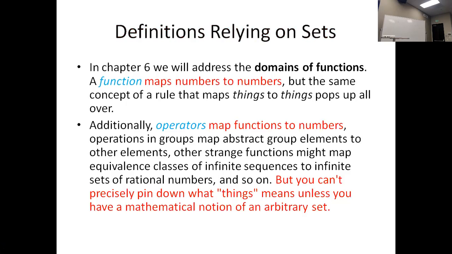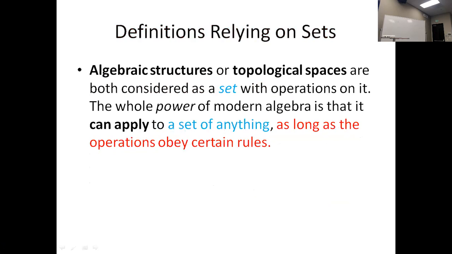Operations in a group map abstract group elements to other elements. Other strange functions might map equivalence classes of infinite sequences to infinite sets of rational numbers and so on. But here you can't precisely pin down what these things mean unless you have mathematical notation. Definitions that we use in mathematics rely on sets.